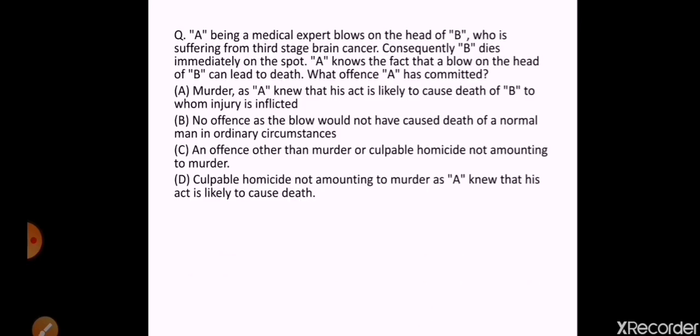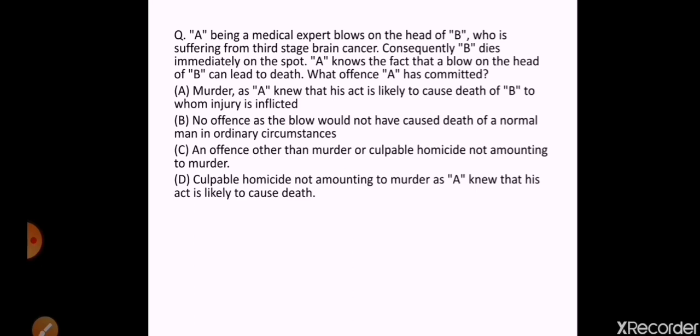The next question is: A, being a medical expert, blows on the head of B, who is suffering from third stage brain cancer. Consequently, B dies immediately on the spot. A knows that a blow on the head of B can lead to death. What offence has A committed? Option A: murder, as A knew that his act is likely to cause death of B, to whom injury is inflicted. B: no offence, as the blow would not have caused death of a normal man in ordinary circumstances. C: an offence other than murder or culpable homicide not amounting to murder.